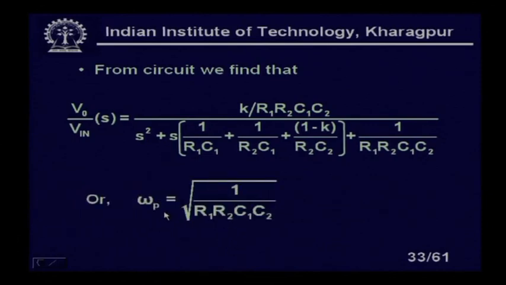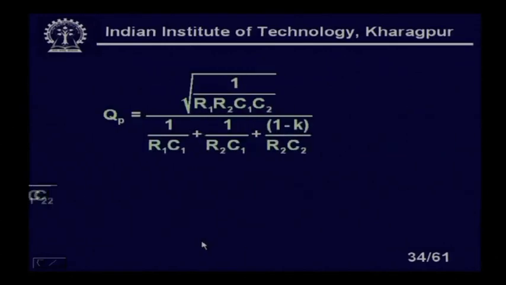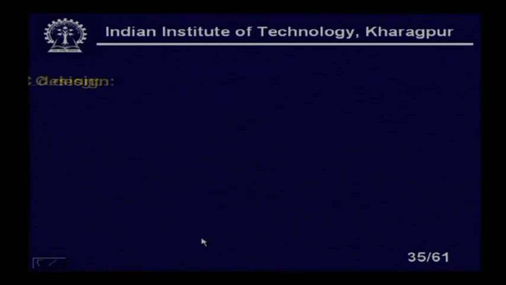The pole frequency is omega p equals root over 1 upon R 1 R 2 C 1 C 2, and Q p is given by the corresponding expression in terms of the R and C values and k, with gain constant capital K equal to small k upon R 1 R 2 C 1 C 2.